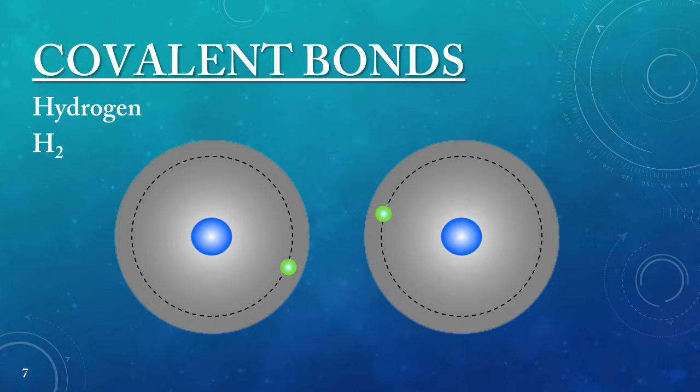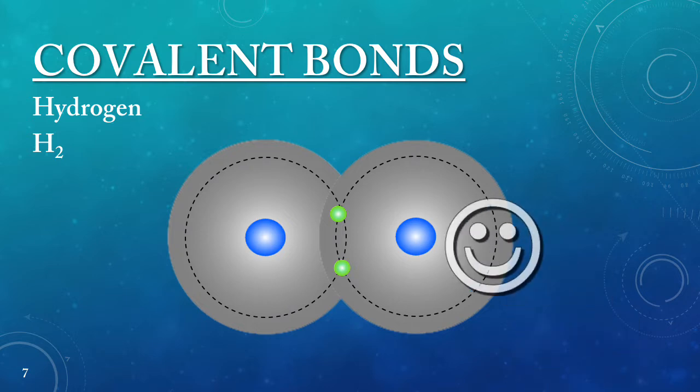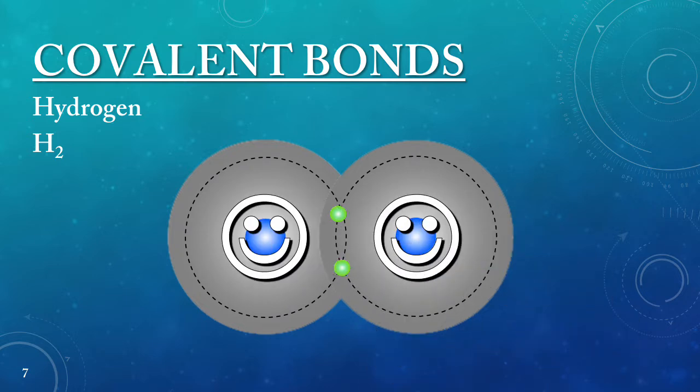Again, the whole idea is to have a full outer ring, and right now it doesn't. Hydrogen can handle 2 electrons in its outer ring, and it only has 1. So it's going to bond, and oftentimes it bonds with itself, another hydrogen atom, and we get a bond between the 2 atoms. So now both of these atoms are happy.